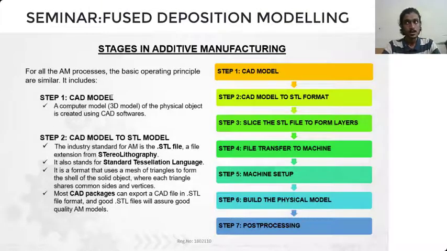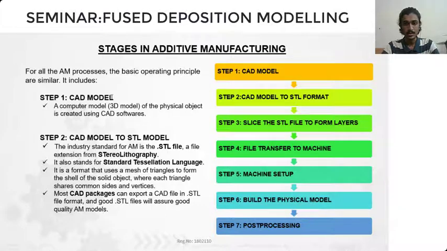Coming to additive manufacturing, all additive manufacturing involves these following 7 to 8 steps, from the initial stage up to the product production.